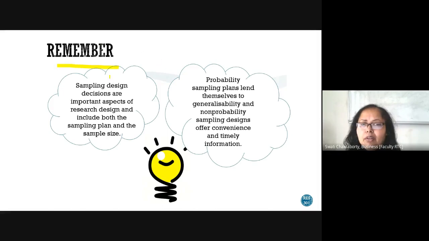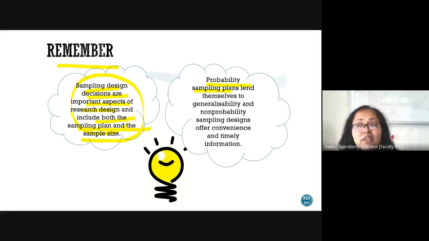You need to remember sampling design decisions are important aspects of research design, and that includes both the sampling plan and the sample size. On the other hand, probability sampling plans lend themselves to generalizability, and non-probability sampling plans offer convenience and timely information, right?